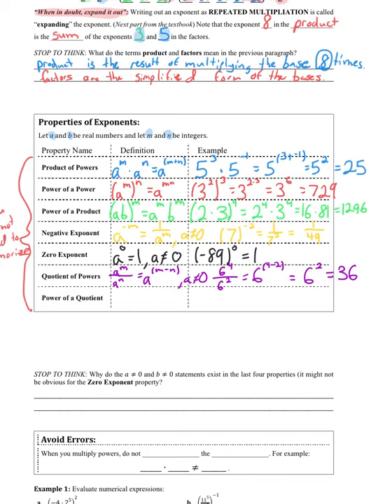And then the very last one is if we have two different numbers being divided, but they're raised to the same power, we can raise each one individually to that power. And this assumes that b is not equal to 0. So in this case, if we had 4/7 squared, we could write that as 4 squared over 7 squared.